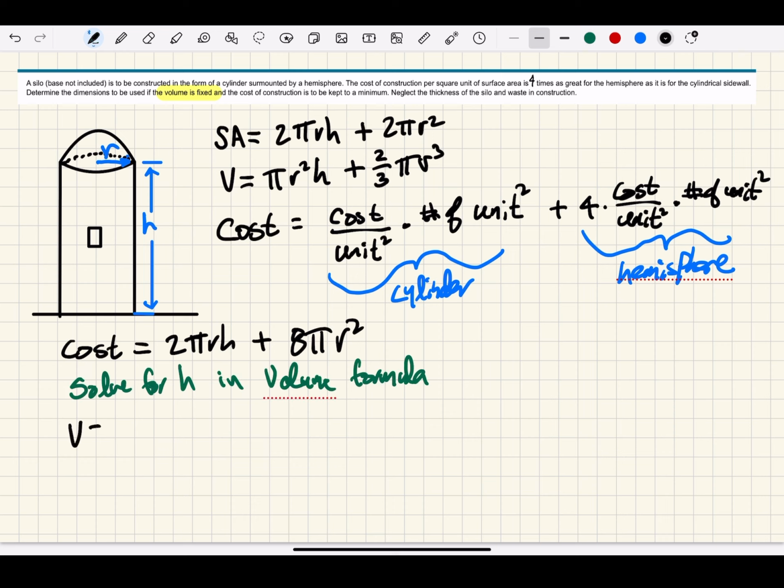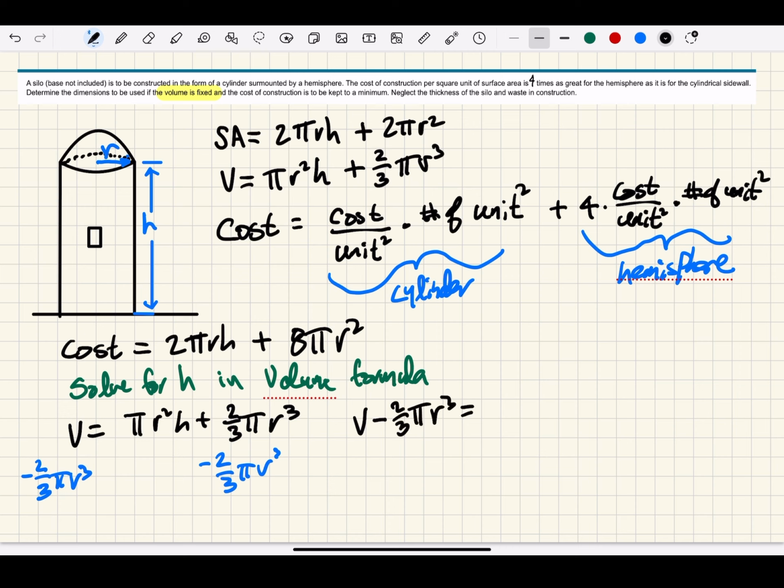So we have V equals pi r squared h plus 2/3 pi r cubed. If we subtract 2/3 pi r cubed from both sides, we'll wind up with V minus 2/3 pi r cubed equal to pi r squared h.